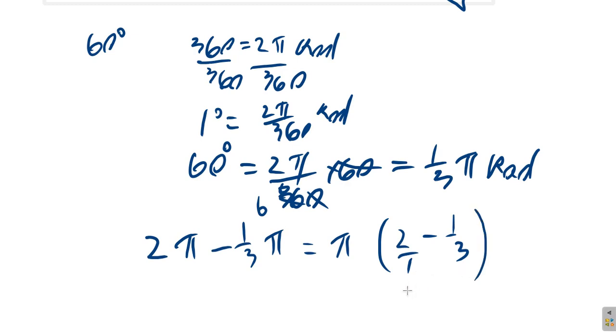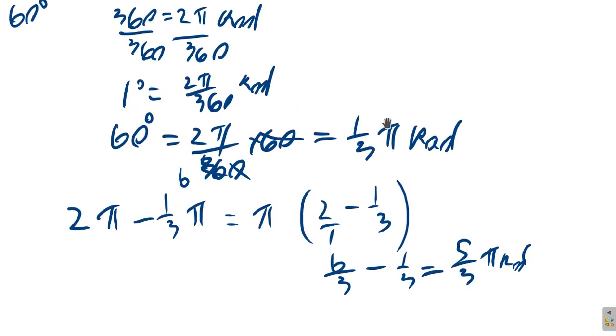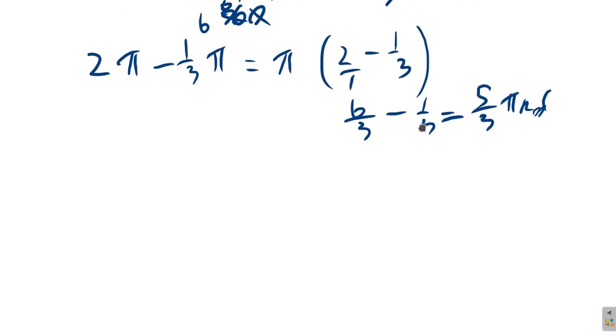So it would be 6 over 3 minus 1 over 3, which is 5 over 3 pi radians. Alright? So that will be 300 degrees.